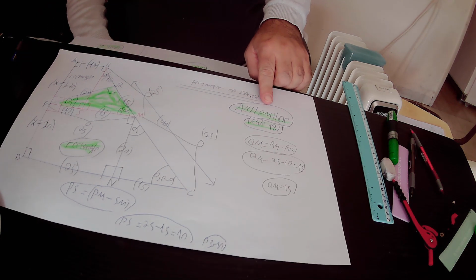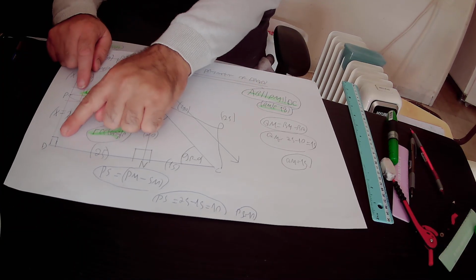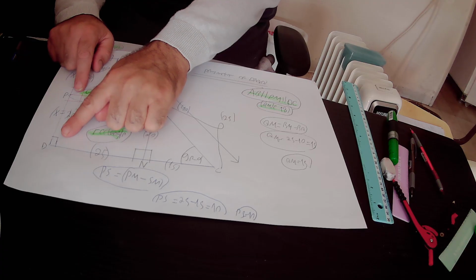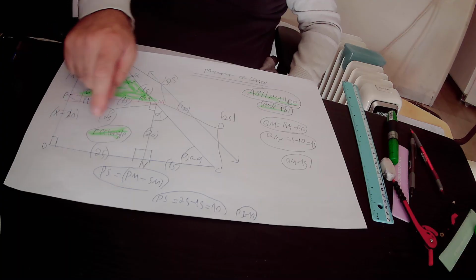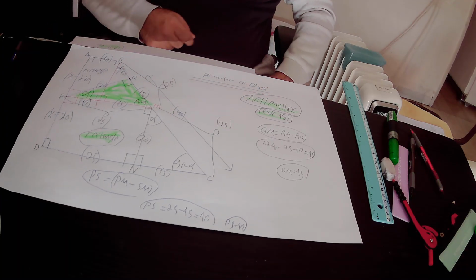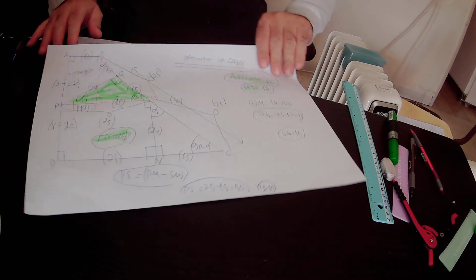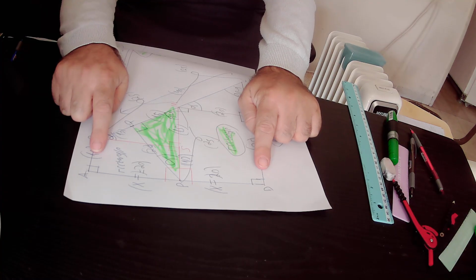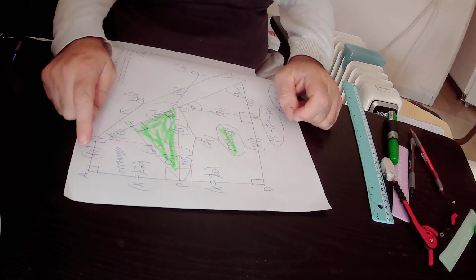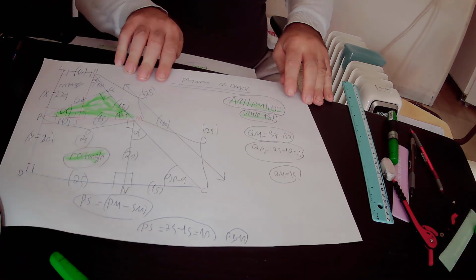Likewise, the sum of those 2 one-sided interior angles is equal to 180 degrees, and therefore PM is parallel to DC. Likewise, the sum of those 2 one-sided interior angles is also equal to 180 degrees, and therefore AB is parallel to DC.